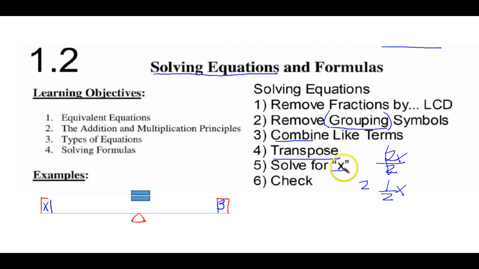And then on a test, you want to check your answers. Put the value you have for x back in the original and see if it makes it a true statement. That's important. You want to get it right. Now for practice, you can put it in and they give you a couple of chances, as you will see. All right, let's go on.